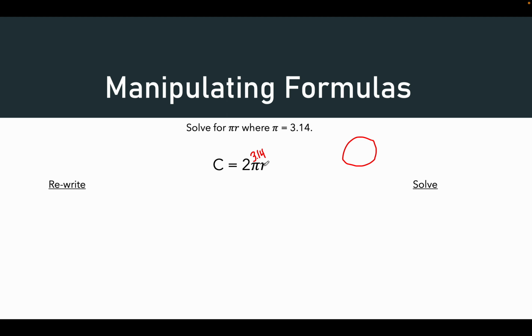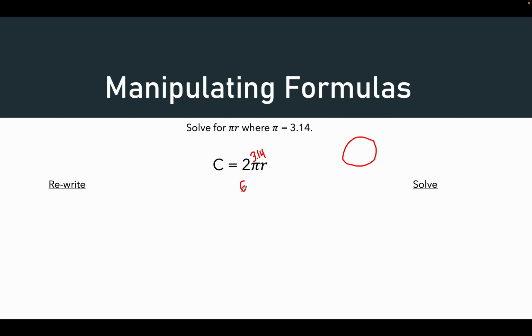Well, the way to do this is to take 2 times 3.14. So I'm going to go ahead and grab my calculator. 2 times 3.14 equals 6.28.